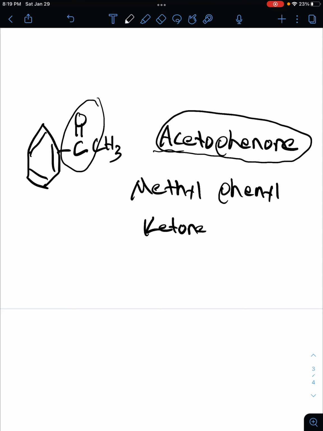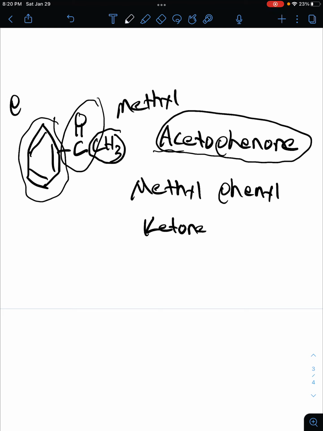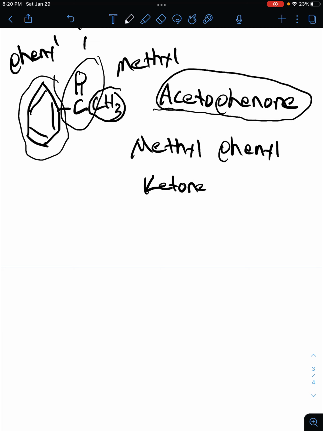But if you call it methyl phenyl ketone, so the methyl group is here, the phenyl group is here, and this is the ketone, you could call it methyl phenyl ketone as well, and that would be more of a functional class name.